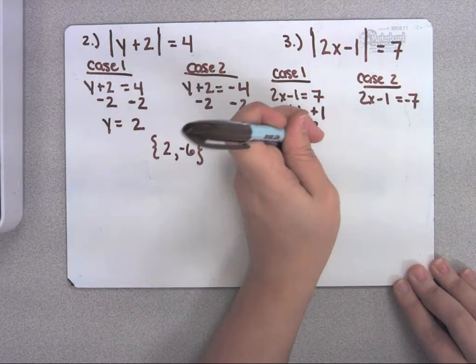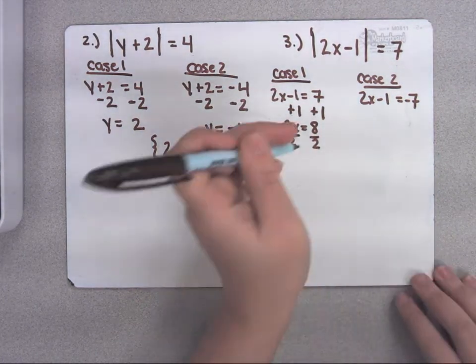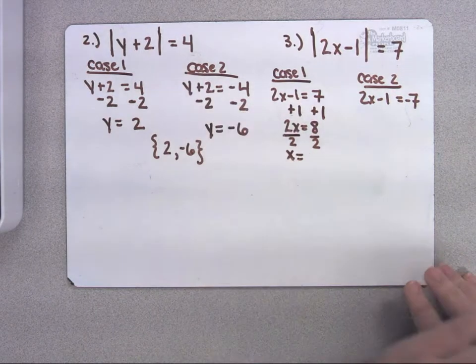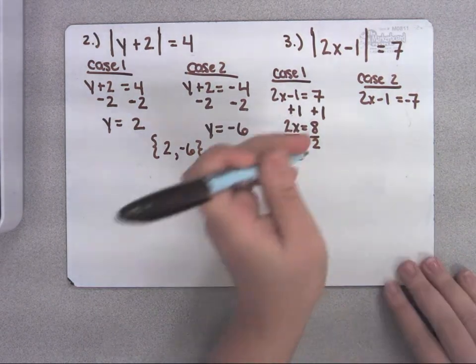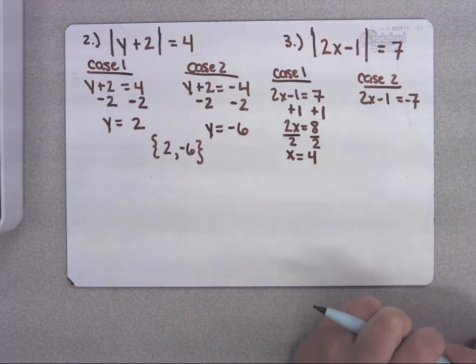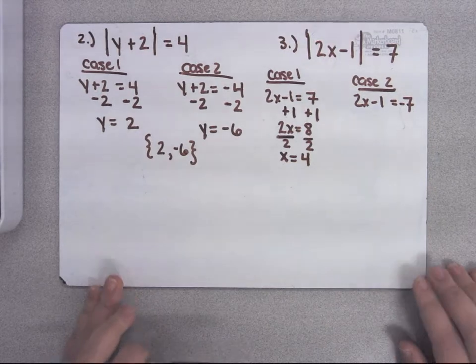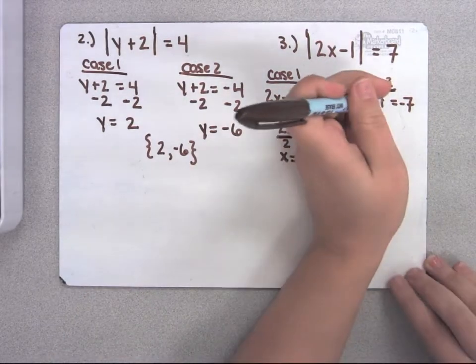Yep, both, well, actually 8 by 2. Yes, both sides by 2. Mm-hmm. What is 8 divided by 2? 4. Correct. Okay, Jalen, solve case 2 for me.